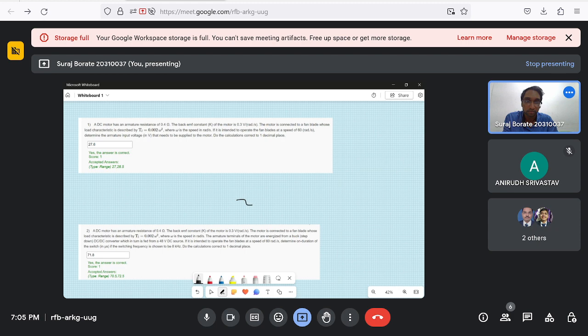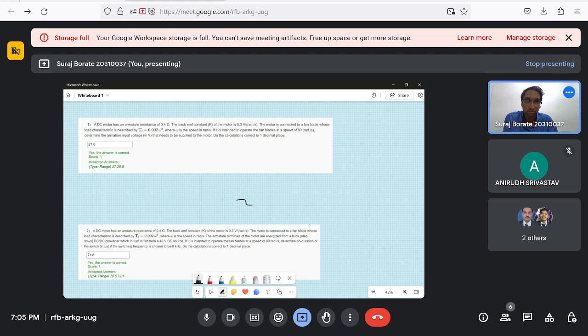K into omega, K into 0.02 omega square. So we get this value as 30. This will come as 30.